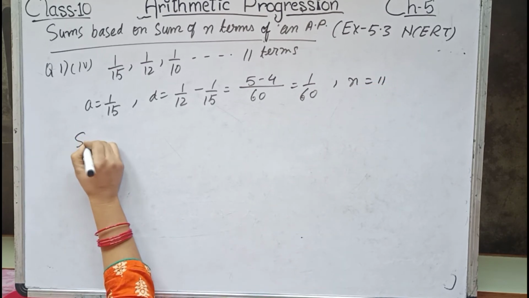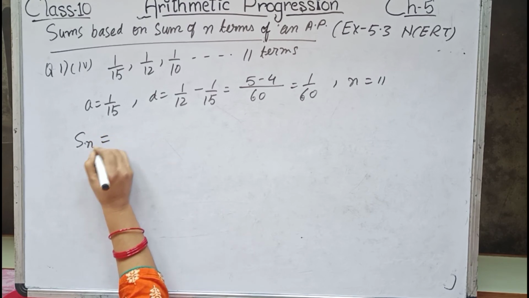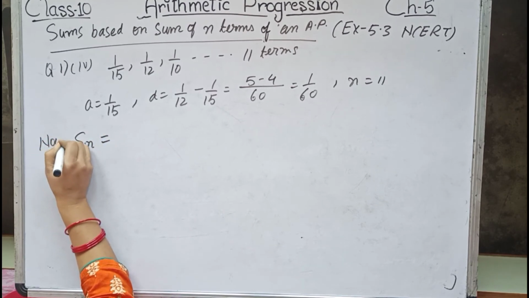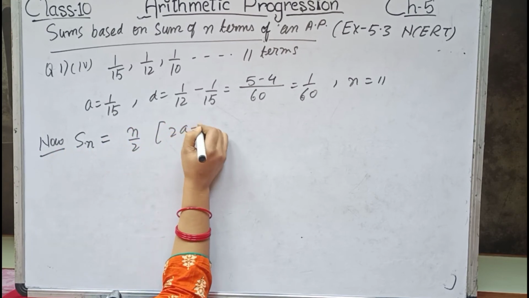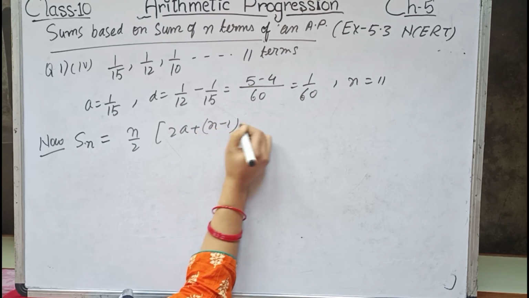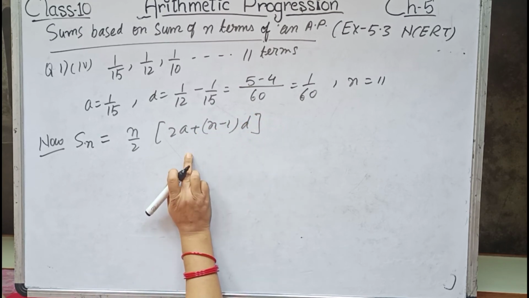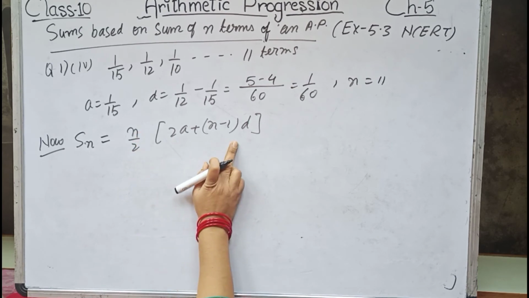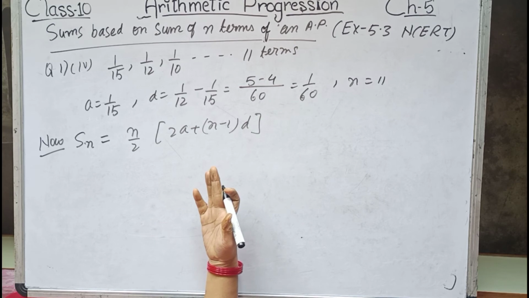So Sn, that is 11 terms. Now Sn, write the formula directly. Sn equals n by 2, 2a plus n minus 1 into d. Now for utilization of the direct formula over here, that is n by 2 first term plus last term, you need to first find the 11th term and then you can use the direct formula.